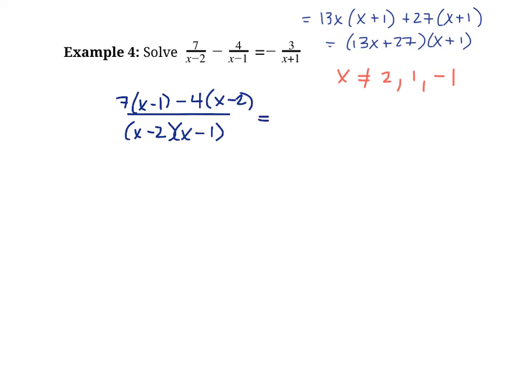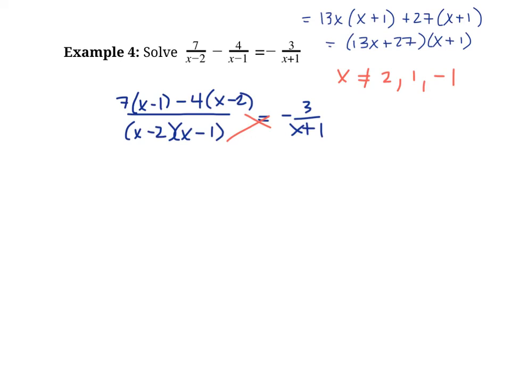And this all equals negative 3 over x plus 1. Now because I have one term on the left-hand side, I can do my cross multiplication, right? So essentially I've got to multiply everything on the top, so this term and this term, both by x plus 1. It's going to be a lot of algebra, but we've got to do it.